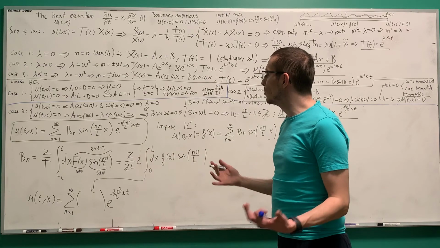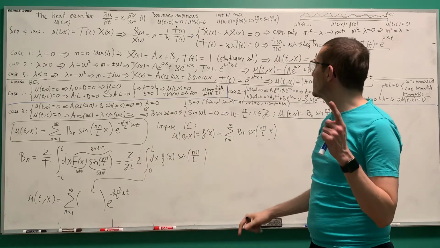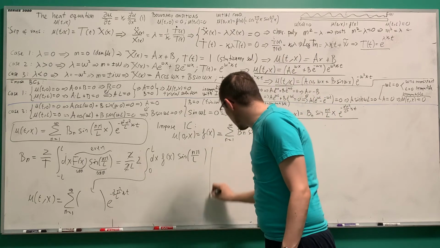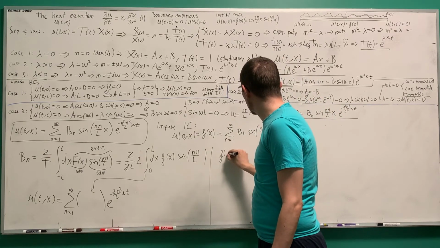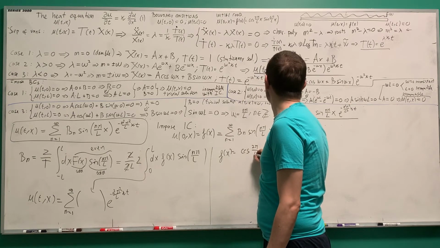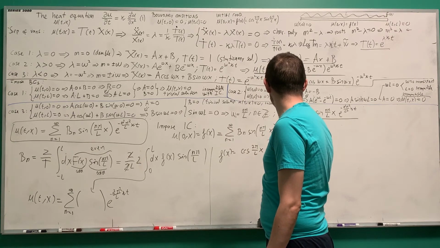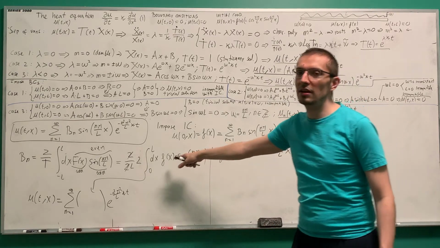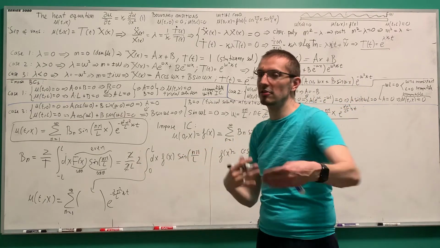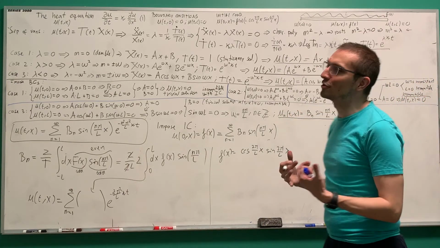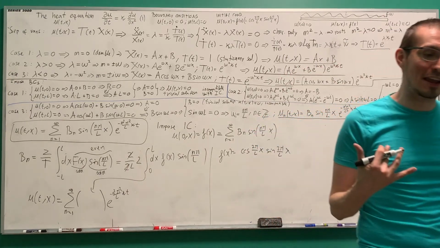Okay, but we need to compute this. Now, there are two ways. Let's take the particular case that we have here: f of x is equal to the cosine of 2 pi over L x times sine of 2 pi over L x. Now, we can put this into here and do integrals and use the orthogonality of the sine functions to do it fast if you want. But this is one of those that I taught you to do by inspection, right?